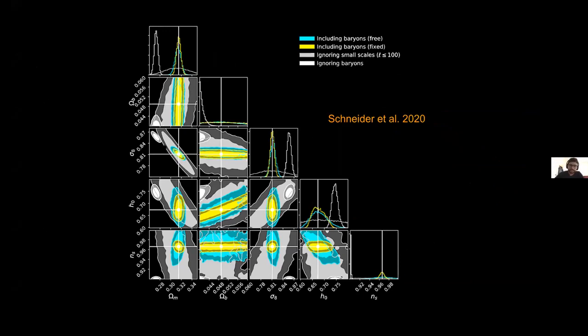So this diagram here shows in the smaller white contours the parameters that would be inferred if baryonic effects were ignored in a Euclid-like survey, where the input cosmological parameters are shown in the crosshairs, whereas marginalizing over the baryonic effects shows these contours in blue, which have wider errors perhaps, but at least get closer towards the target cosmology.